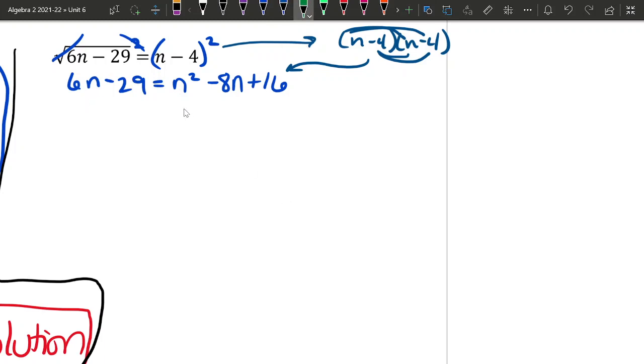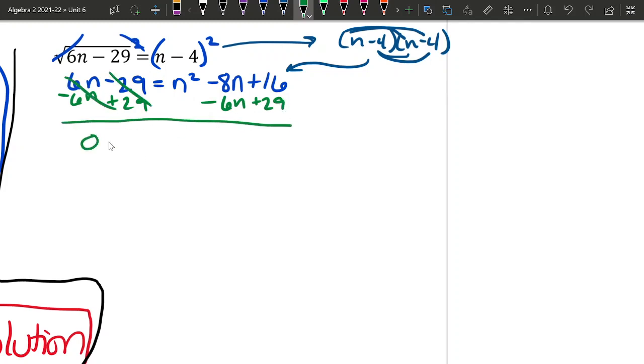Okay, and then I need to solve the quadratic. So I need to factor it. To factor it, I need everything together. So I need to subtract the 6n and add the 29. So 0 equals n squared minus 14n plus 45.